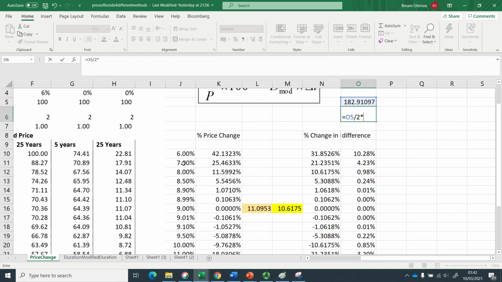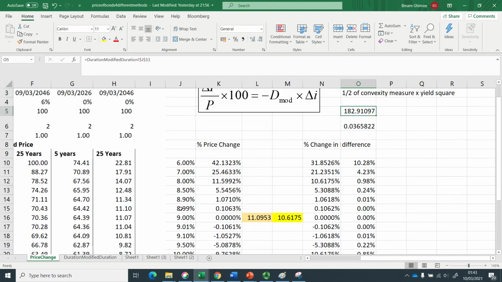So 9 minus 7, or rather we need to be writing 7 minus 9, isn't it? The yield has decreased. So that's what you can do, and you need to square it. Okay, so that gives the convexity given change in the price of the bond.